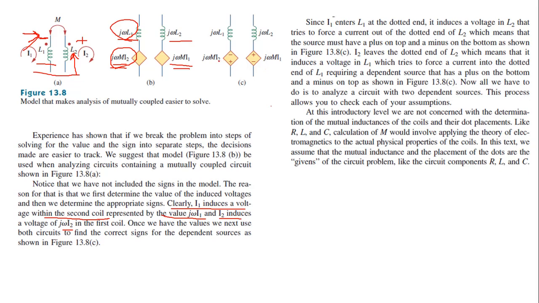Whereas in the second one, current I2 leaves the dotted terminal. So here the dot is here. So what happens to this dot? The polarity is negative because the current leaves the dotted terminal here. So it is minus plus. Once we are clear with this, we can directly write the equations. We directly apply the KVL equation.